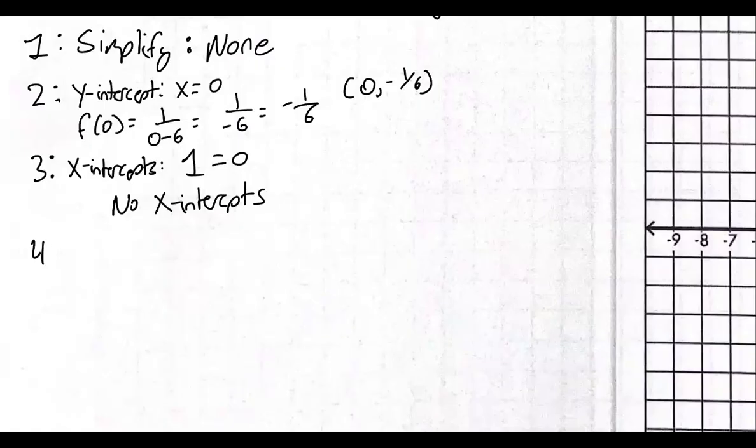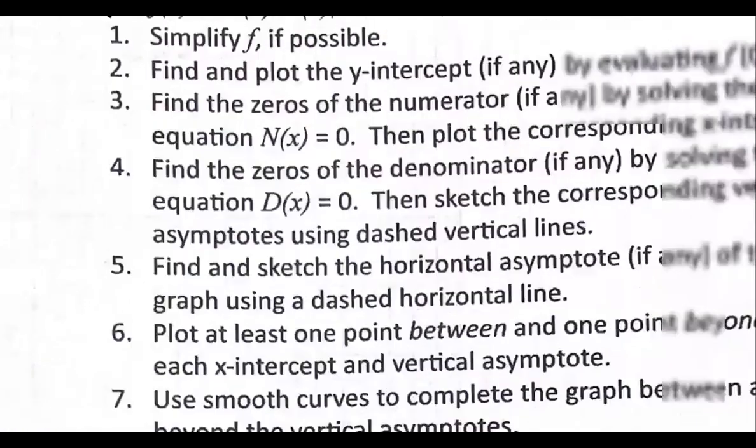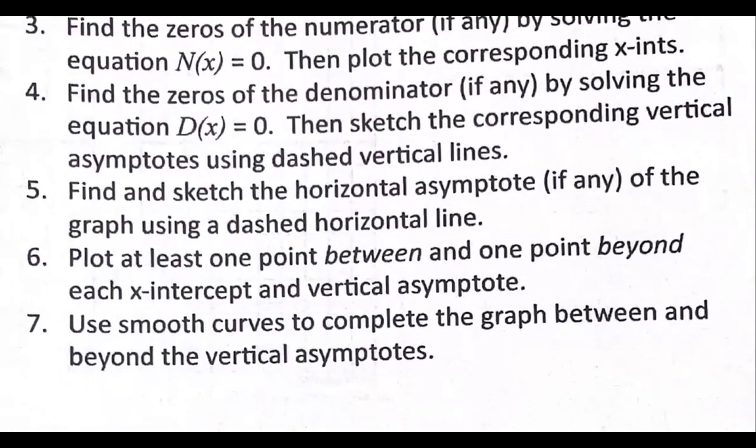Step number 4 says to find the vertical asymptote. Find the zeros of the denominator, if any, by solving the equation d of x equals 0, then sketch the corresponding vertical asymptote using a dashed vertical line.